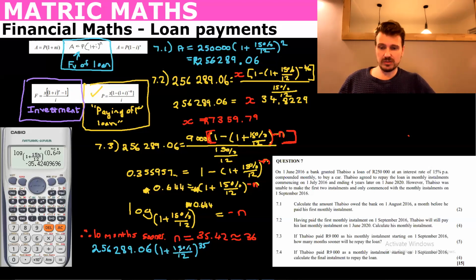So what you do is you say, well, we're going to take the value of the loan at 35 months and we're going to subtract the value of the payments that he's made. And so we use this purple formula here, the X, and so the payments were 9,000.